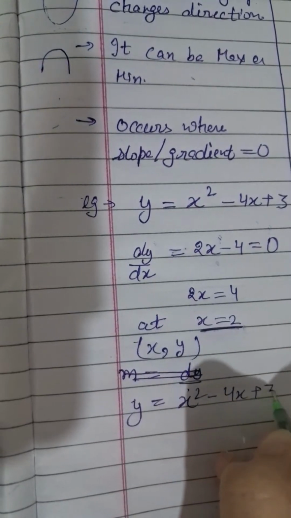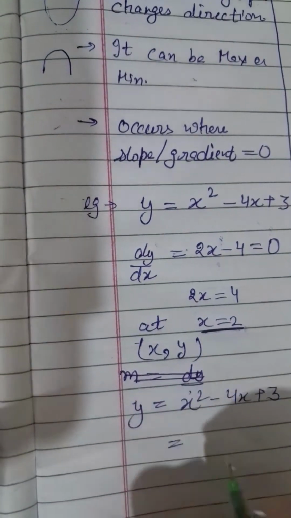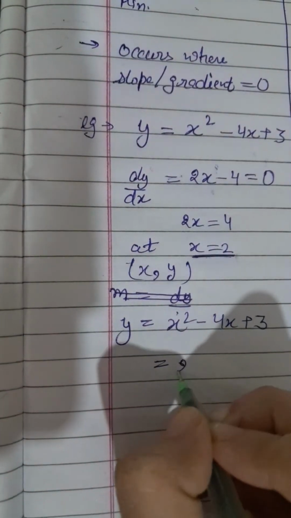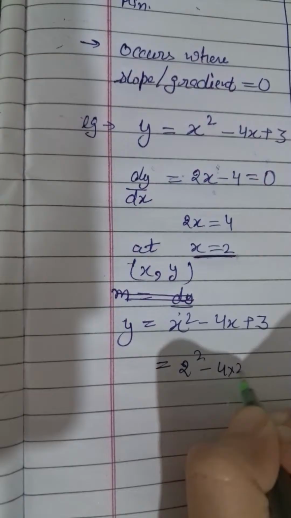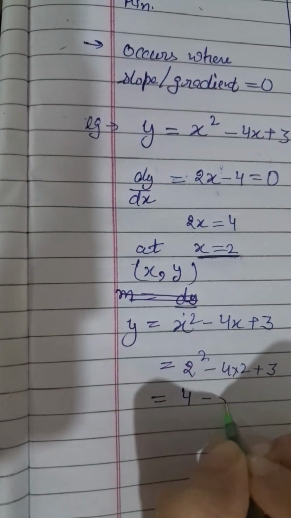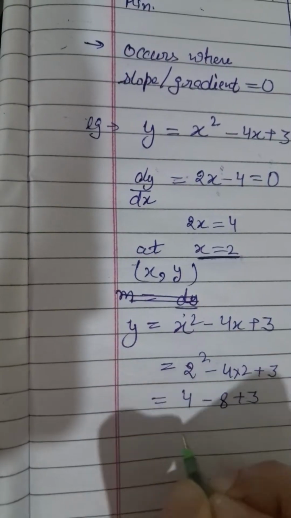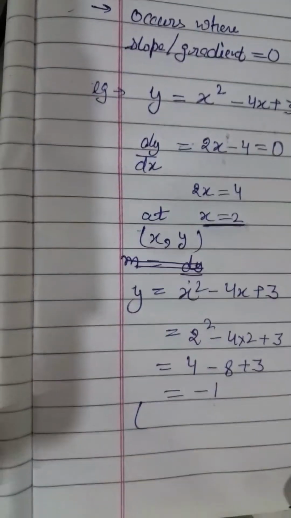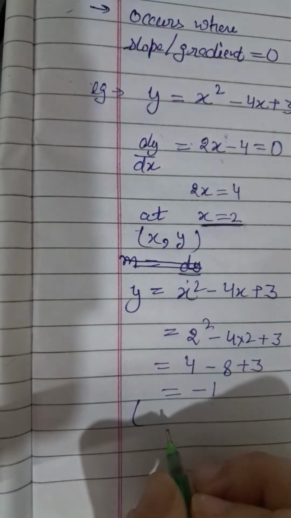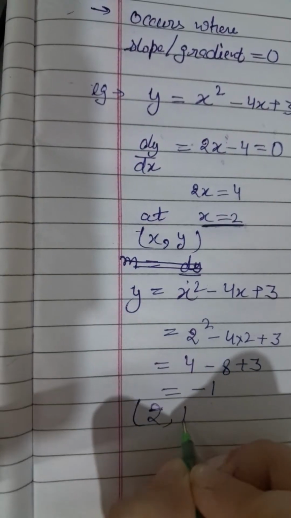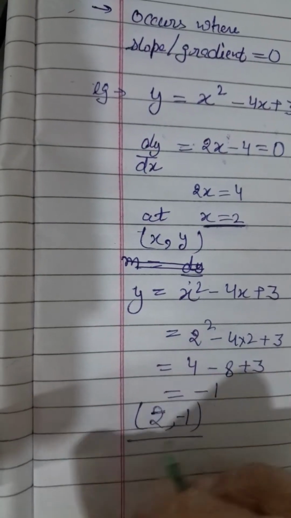That is going to give us 2 square minus 4 times 2 plus 3, which is 4 minus 8 plus 3. So 4 plus 3 is 7, minus 8 is minus 1. So y coordinate is minus 1 and x coordinate is 2. So basically x coordinate 2 and y coordinate minus 1. This is the turning point.